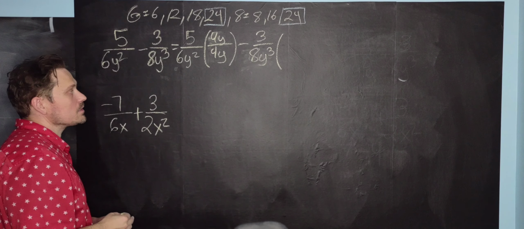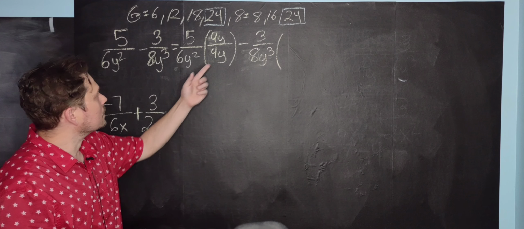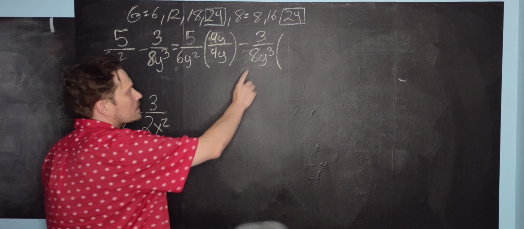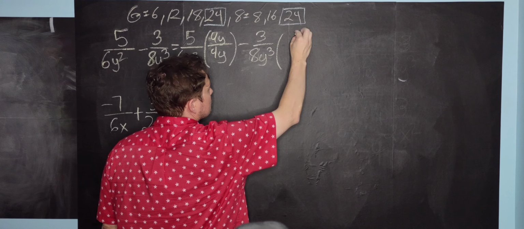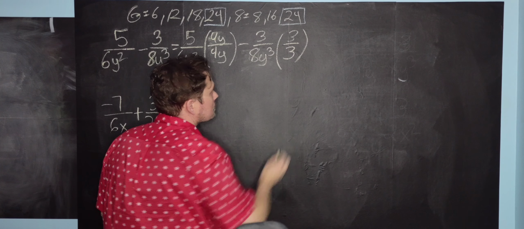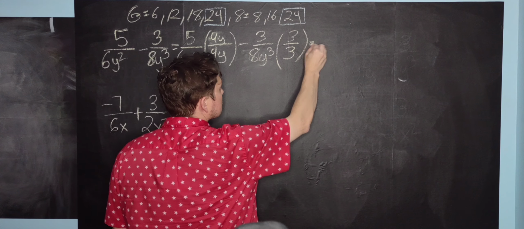The only thing missing here is the fact that this is an 8 instead of a 24. So to make the 8 into 24, you got to multiply by 3. So you're going to do 3 over 3 this way. And this is okay because 3 divided by 3 is a form of the number 1. It's allowed. And then you work on this and simplify it.